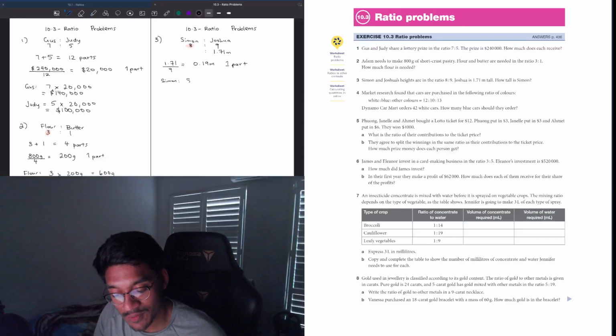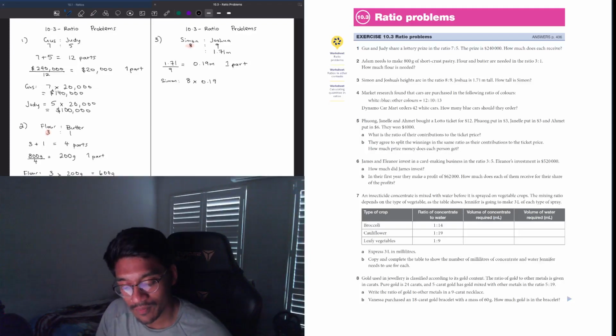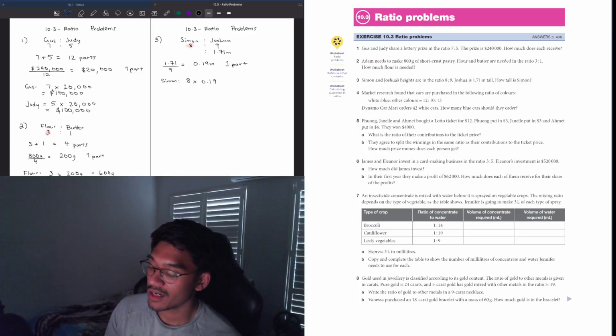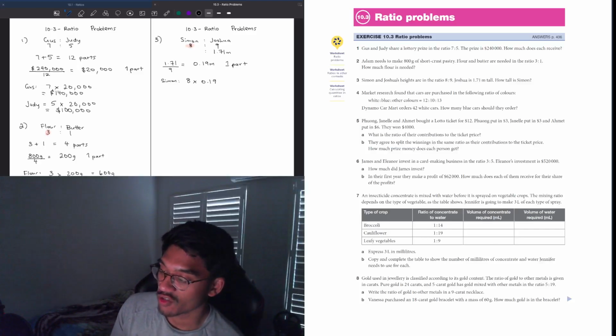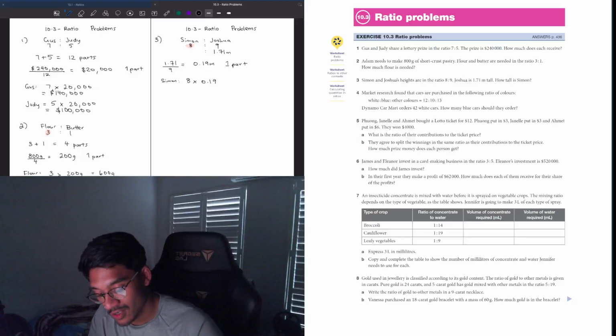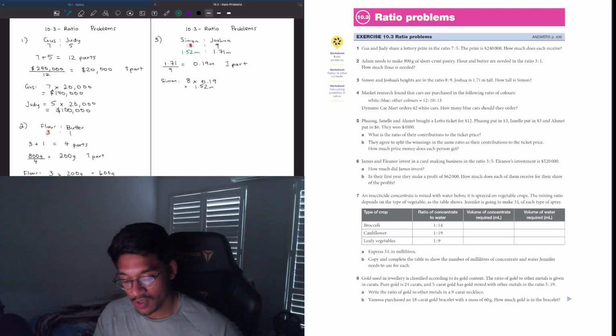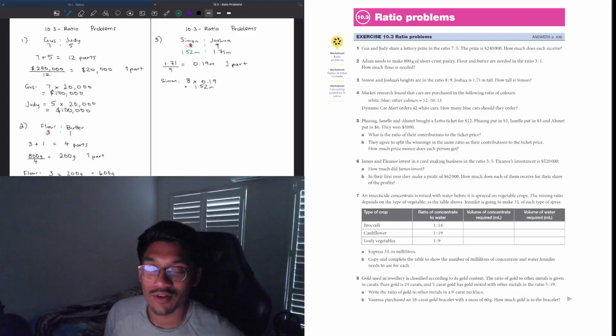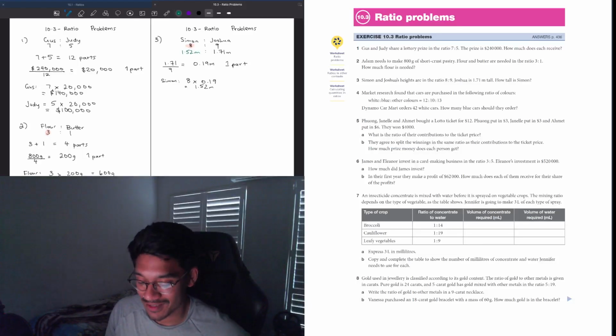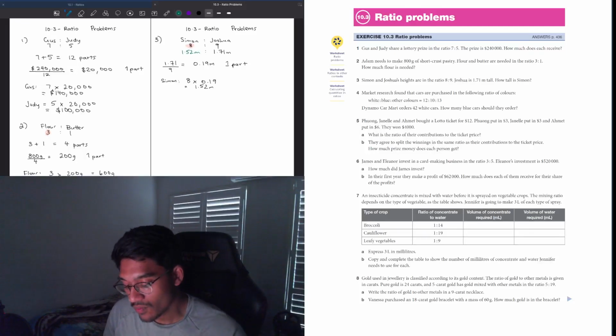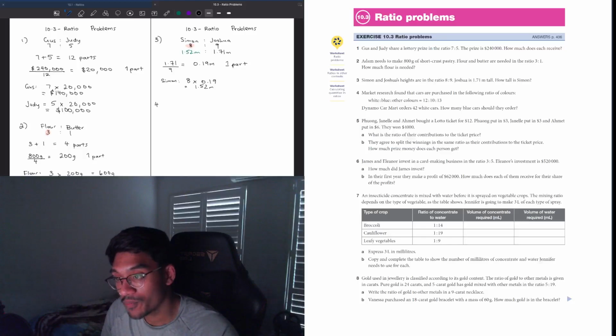So we do 8 times the value of 1 part, which is 0.19. Pop that in our calculator. So 0.19 times 8, we get 1.52 meters. So we know that Simon is 5 foot on the dot. So he's 1.52 meters, or 150 centimeters. And that's that done. Let's move on to question 4.